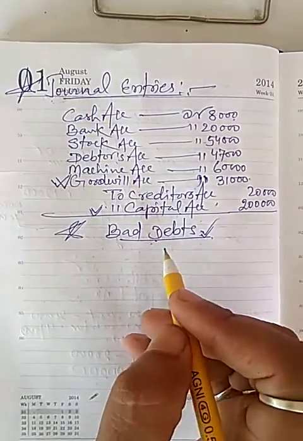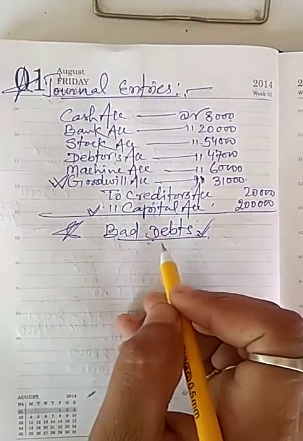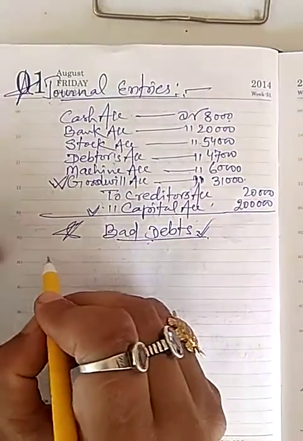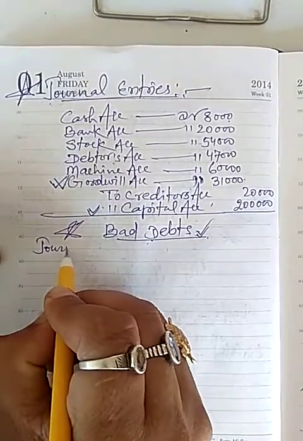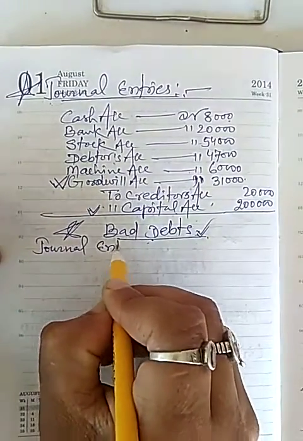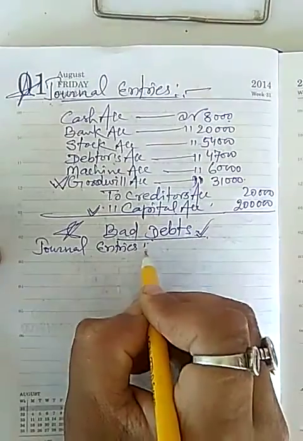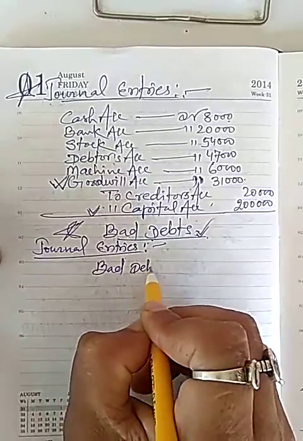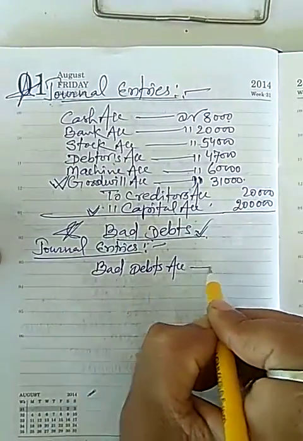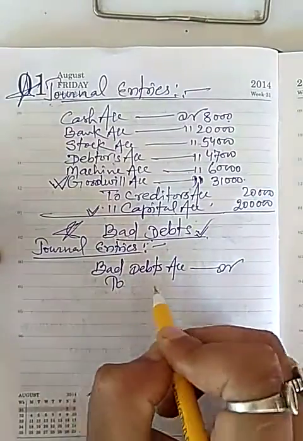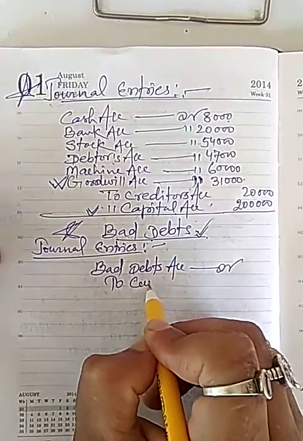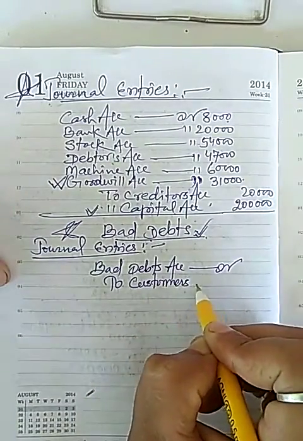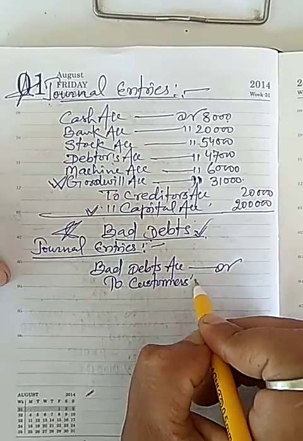For recording the bad debt, journal entry will be bad debts account DR to customer's personal account, customer's name.